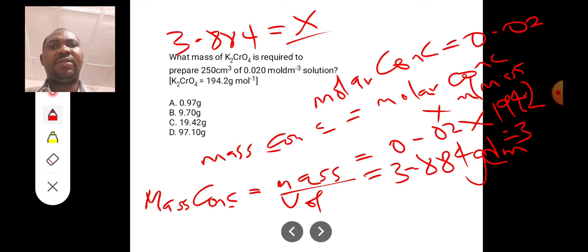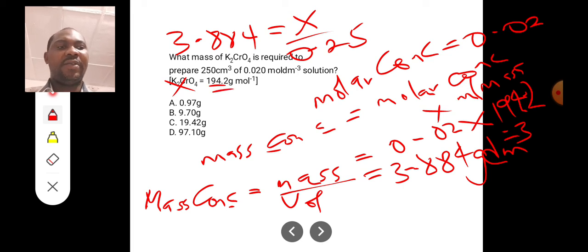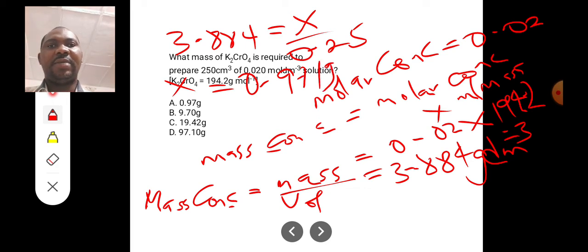If we convert 250 cm³ to dm³, it gives us 0.25 dm³. So X will be 3.884 multiplied by 0.25, which gives us 0.971 grams. So you can see that my answer here is A.